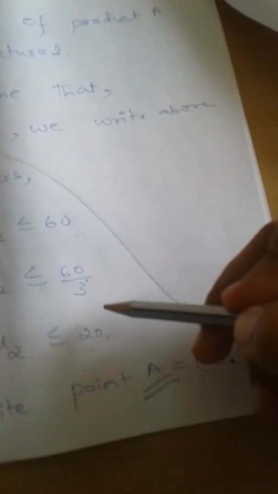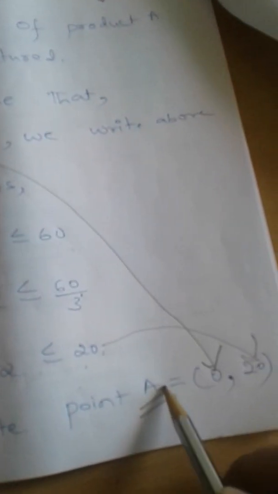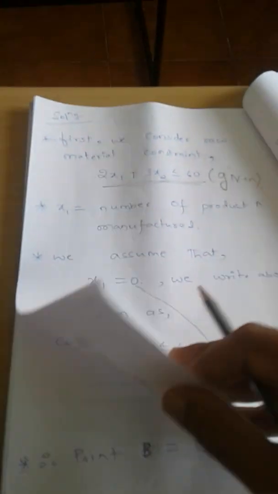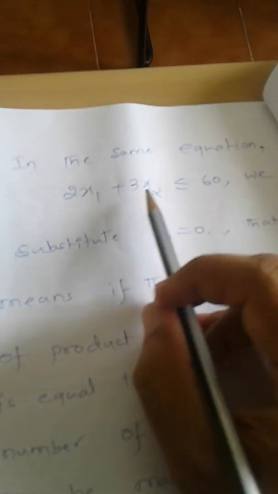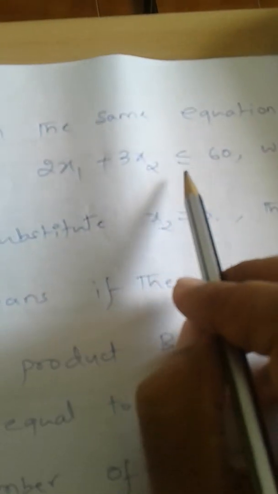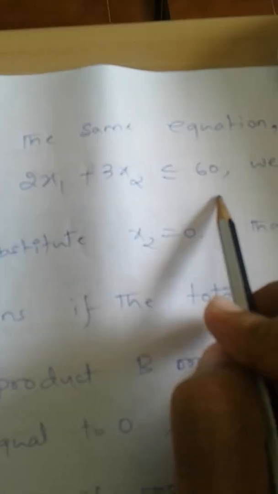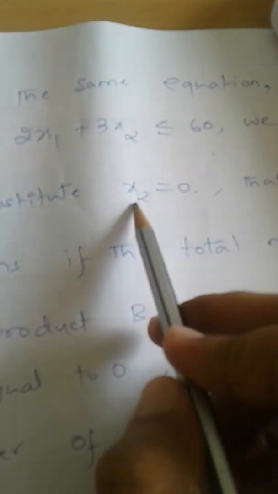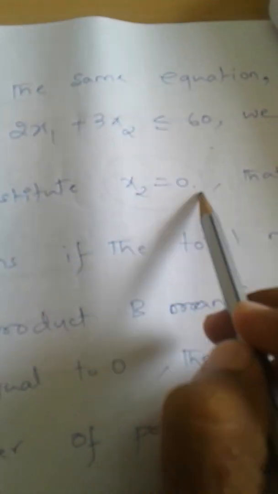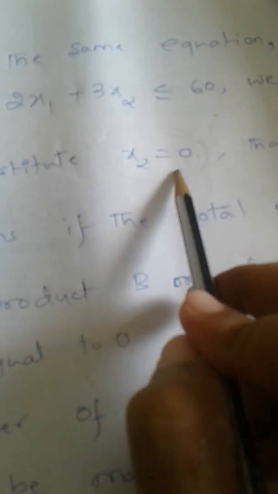That is the reason we can write point A as x1 equal to 0, in which case x2 will be equal to 20. So this will be point A. Why are we writing point A? Because we are trying to solve this graphically. Next, in the same equation 2x1 plus 3x2 smaller than or equal to 60, we assume that the number of product B manufactured is 0, so x2 is considered as 0.